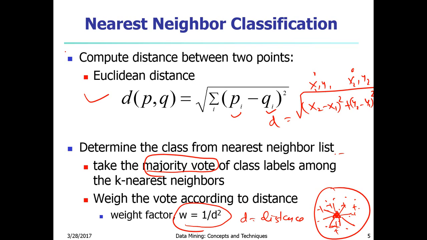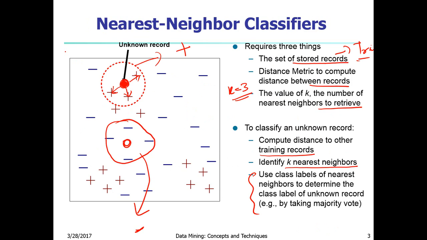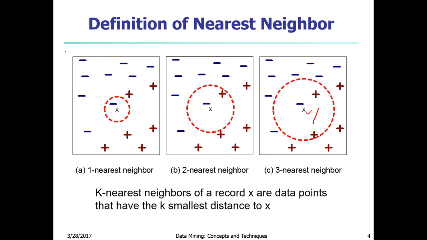The data point that is closest to the new data should be given more weight. Like in the previous example, there are three training data points, a minus, this one, and this one, but this negative should have a greater weight than these two positives, because they are farther from the data point x. So that's a better way of calculating a majority count.